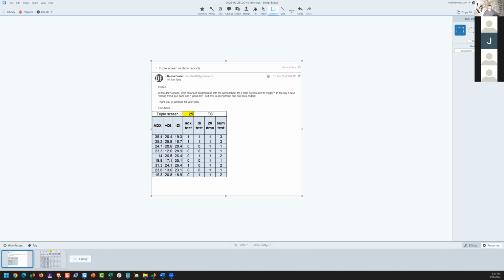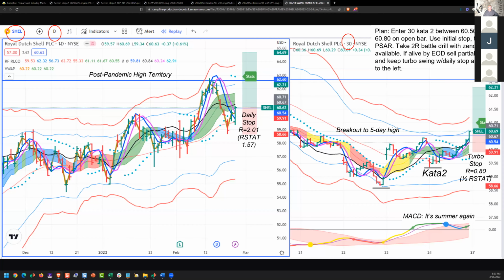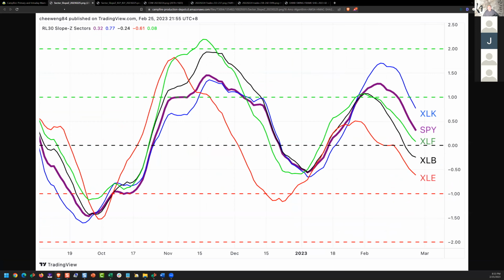Let's go to Chi Wing Chong's RL30 slope, the Z-score of the sectors, and we're feeling that compound critical state happening with everything going down together.